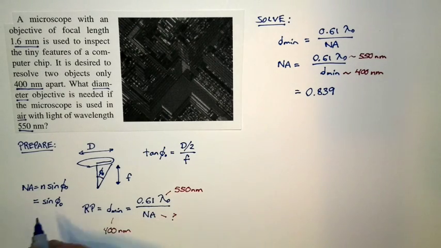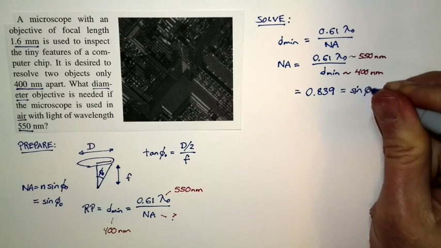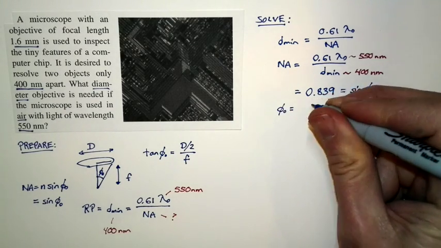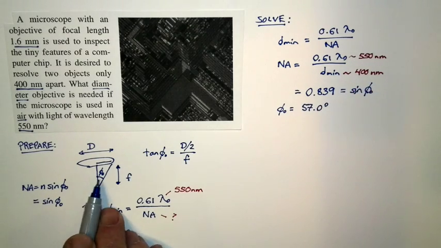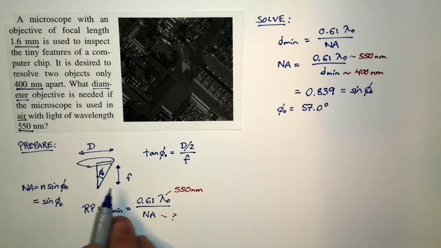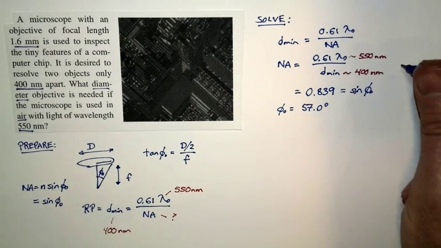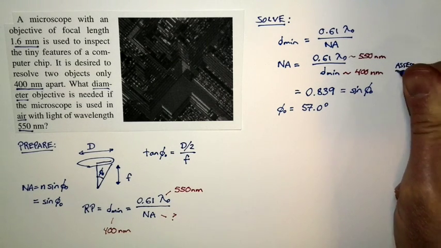Now remember, we said the numerical aperture was just equal to the sine of phi 0. And so I can calculate this. Phi 0, that angle is just 57.0 degrees, this angle right here. Now notice something else by way of assessment, okay? We said here, by way of assessment, that this is theoretically possible, okay?